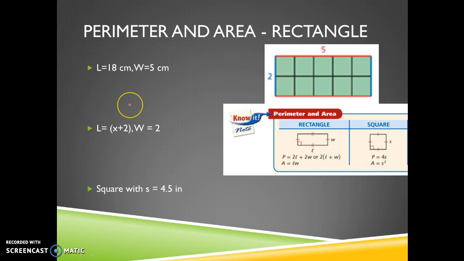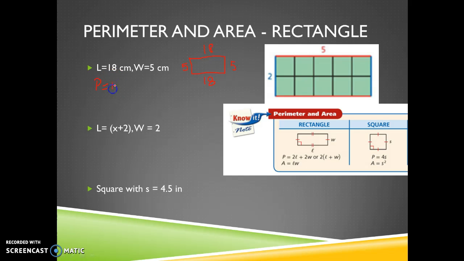So for this first one, we are given a rectangle with length 18 centimeters and width 5 centimeters. Perimeter basically means to add up all of the sides. So if we picture a rectangle, length is 18 centimeters, width is 5 centimeters. That means that the opposite sides are the same length as well because it is a rectangle.